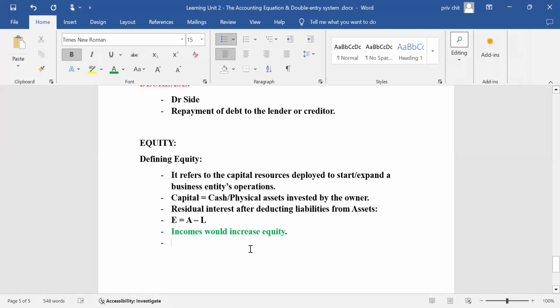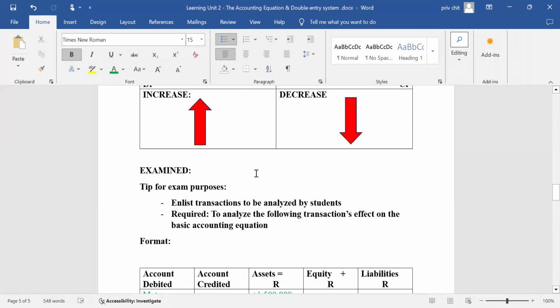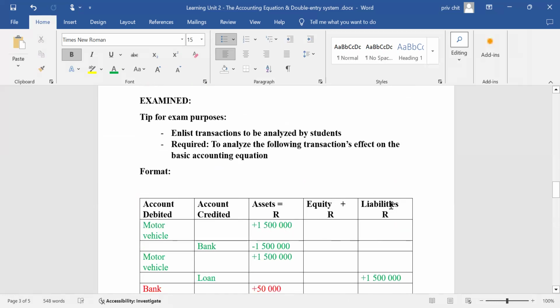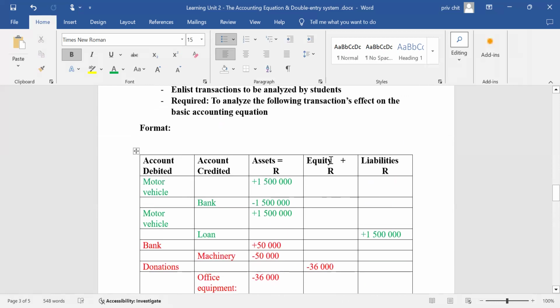Incomes would increase equity. Meaning, when you go to the equity column, when you get a question where you have to analyze the effect that a transaction has on the basic accounting equation, incomes would increase this equity column. That's what I mean when I say incomes increase equity.